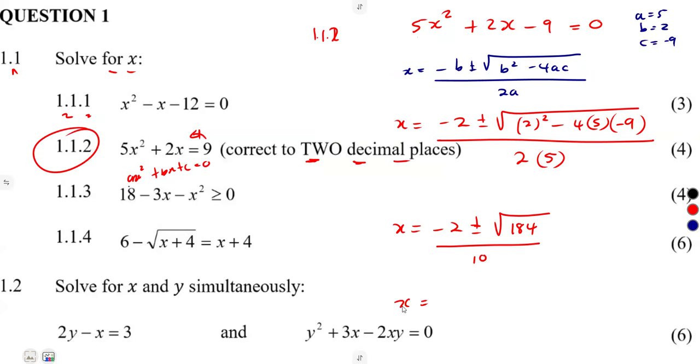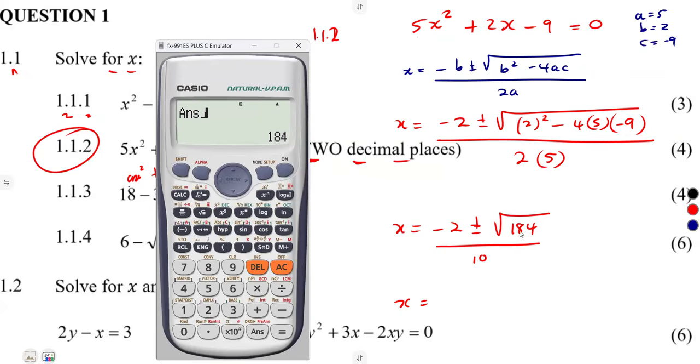So you can separate this plus or minus, then obtain the values of x to 2 decimal places. Let's start with the positive. All right, I need to go back here. So this is going to be minus 2 plus the square root of 184 over 10.